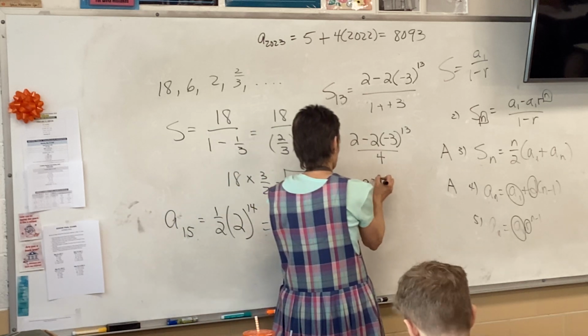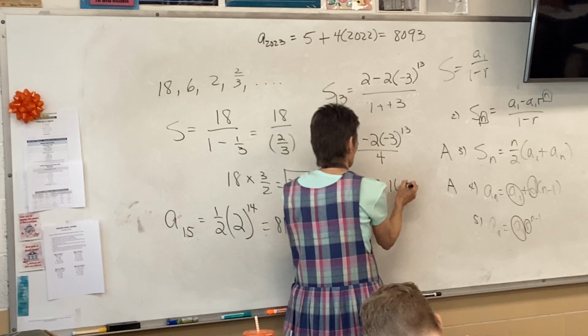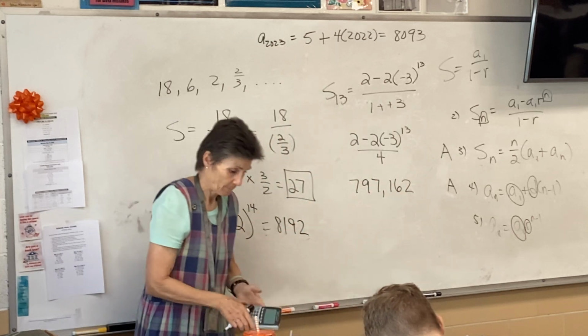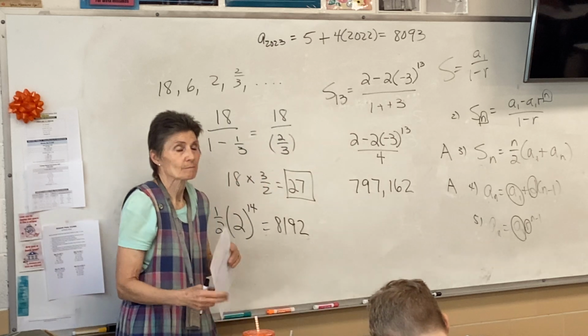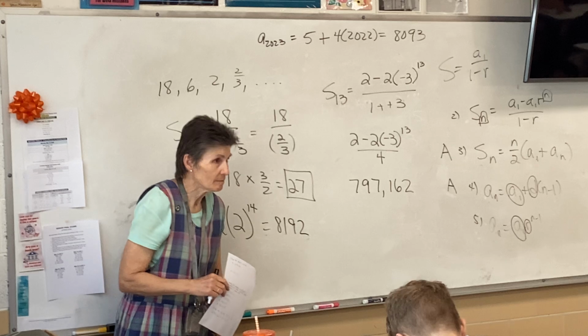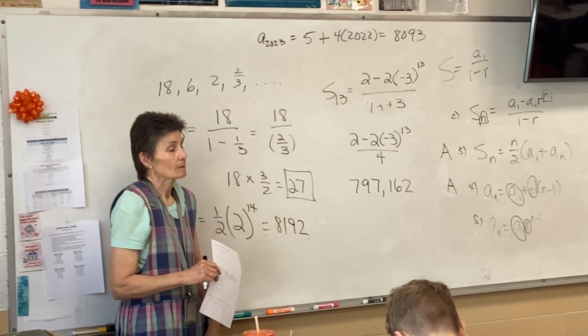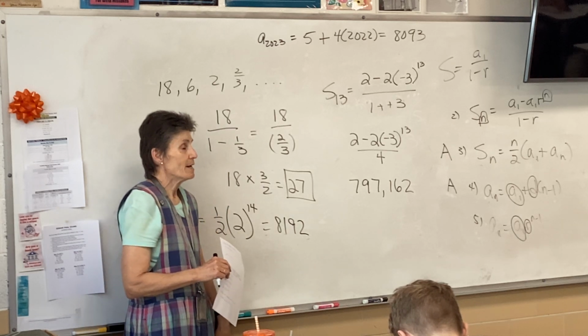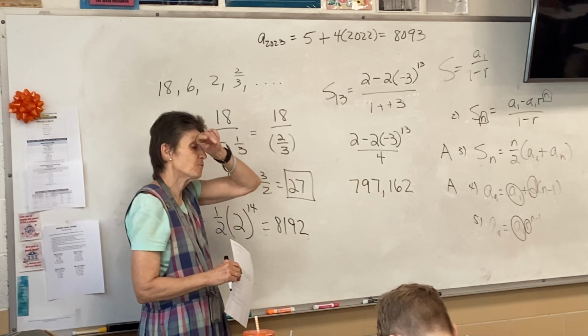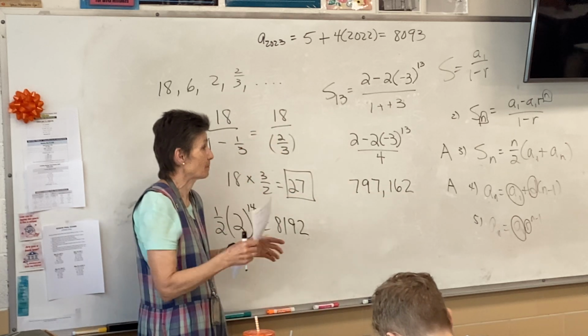See if you got 797,162. Yep. Practice typing that in. Make sure you're getting that answer. These are kind of tricky. That formula is the hardest one to type in.